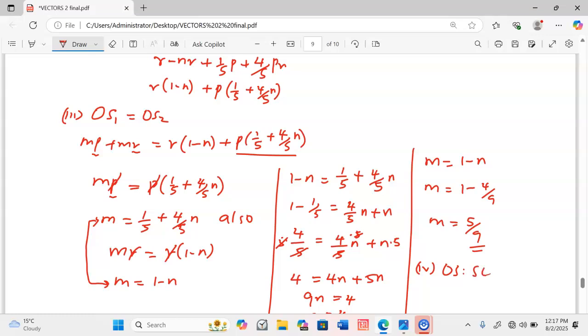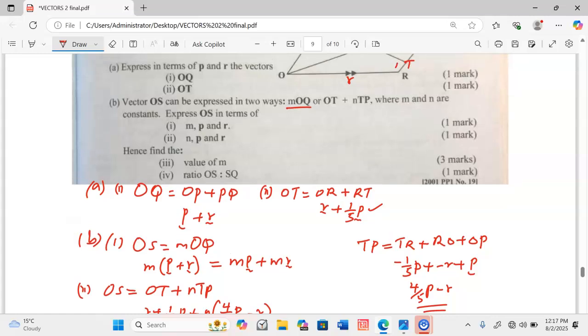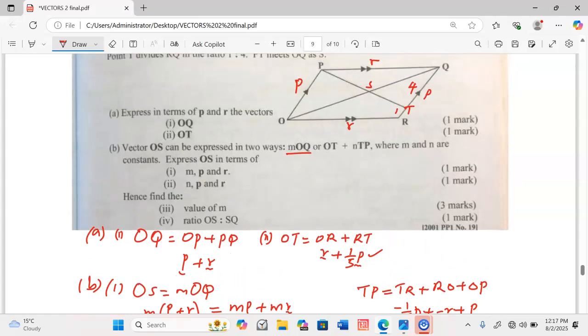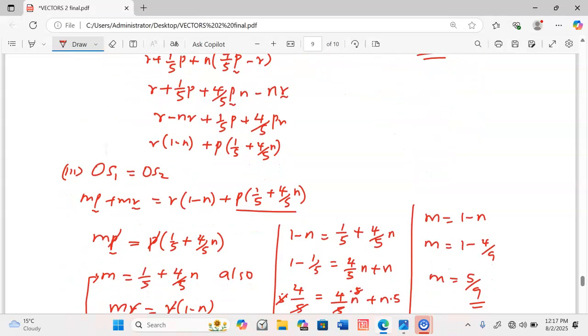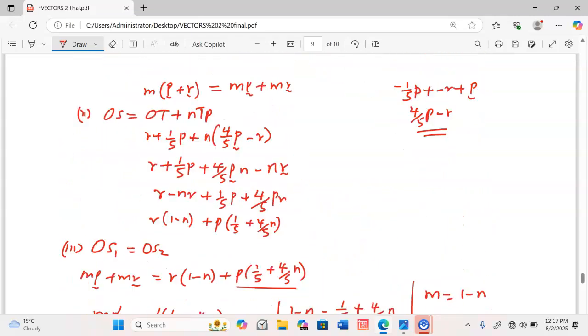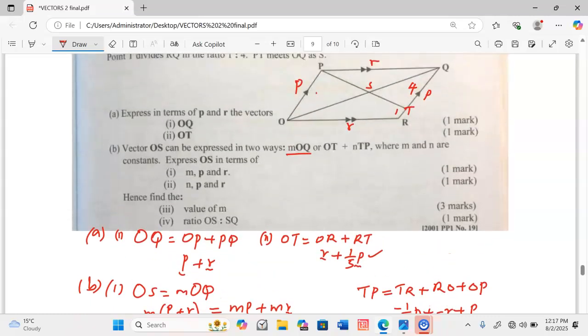OS is equal to M, which is 5 over 9 of OQ.